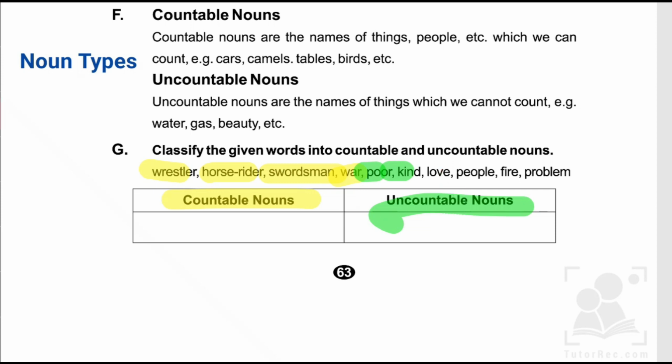Love, uncountable. People, countable. It's already written in plural, it means there are more than one. So we can count them. Fire, uncountable.